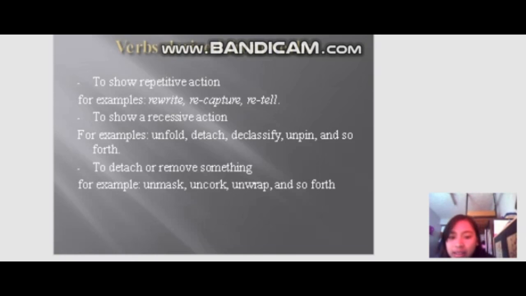And the last, to detach or remove something, we use the prefix un, like for example, unmask, uncork, unwrap, and so forth.